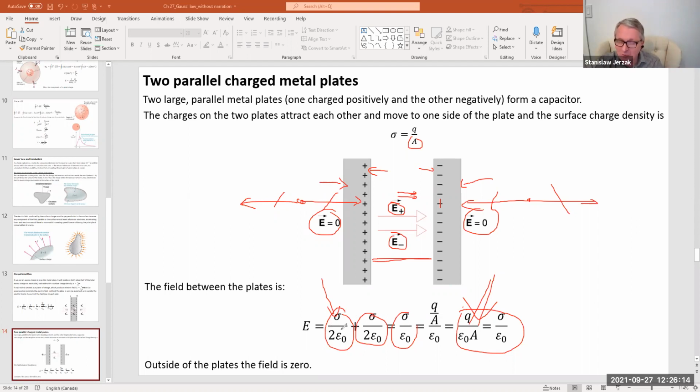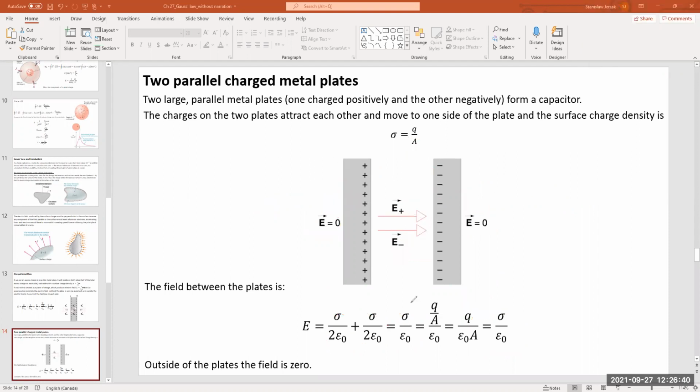So this expression is independent of the distance, and that is only true if the sheet is very, very large. So your question is very good, but now we will make that approximation that the sheets are always close to each other, at a very short distance, much smaller than the size of each plate. Okay, thank you. Excellent. Any additional questions?